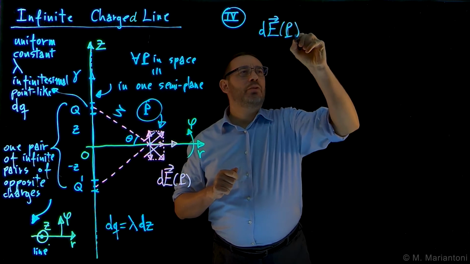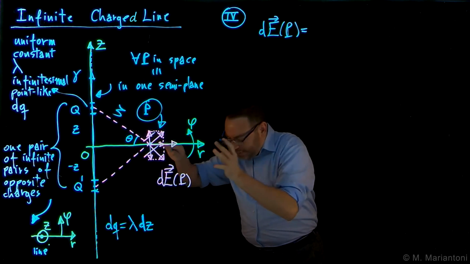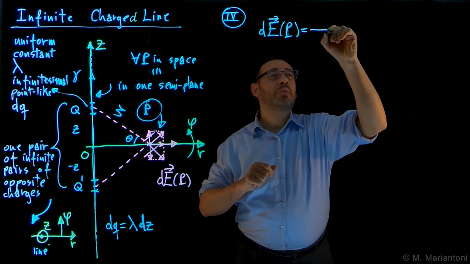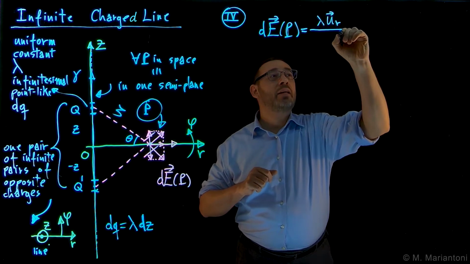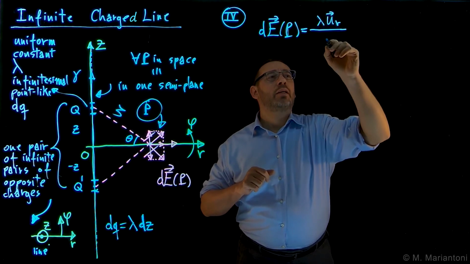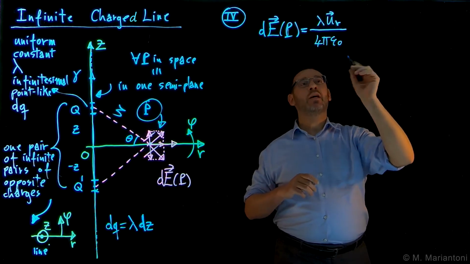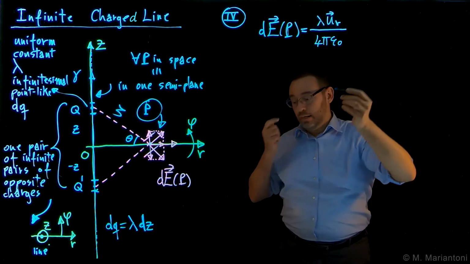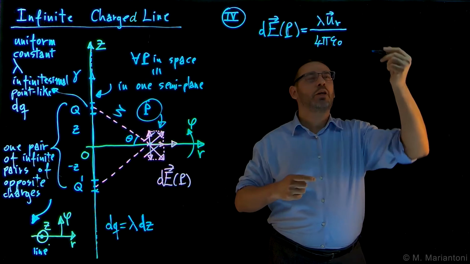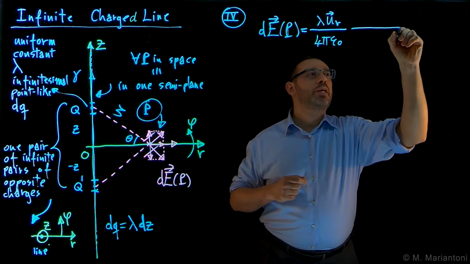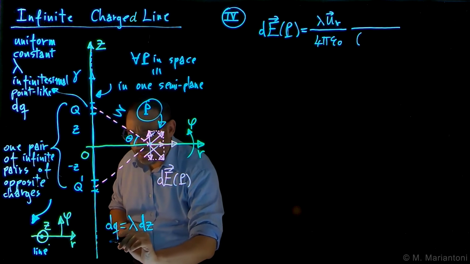Let's group a few things together. So this is nothing but all the constants. We can take them out. So we're going to have lambda times the direction, which is r, the radial direction, ur, divided by 4 pi epsilon naught. And then we need to have the distance r divided by Greek z cubed.